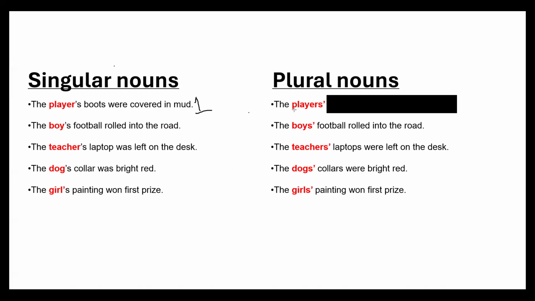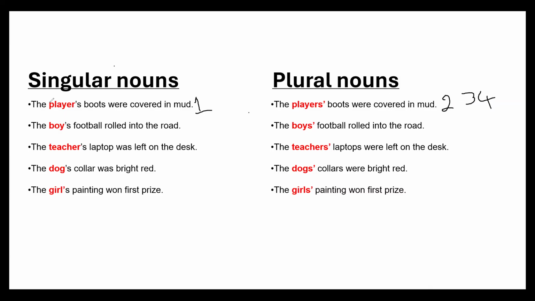Players. So can you see, guys, that in the first line on the left side, we're talking about one player, and on the right side, because before the apostrophe it says players, we're talking about more than one person. It could be 2, 3, 4, 10, yeah?